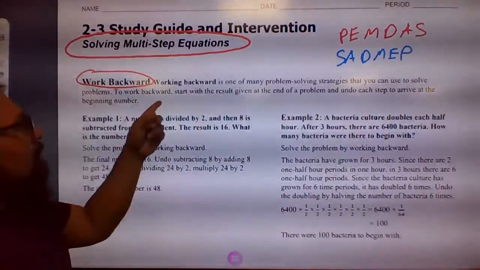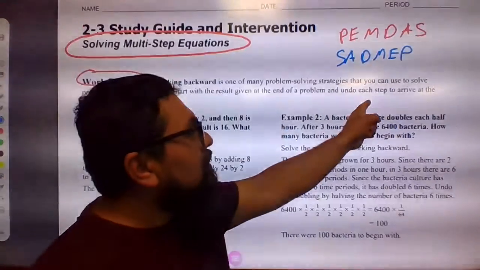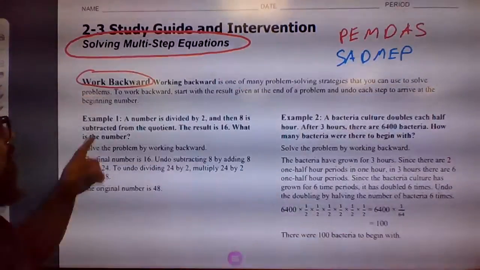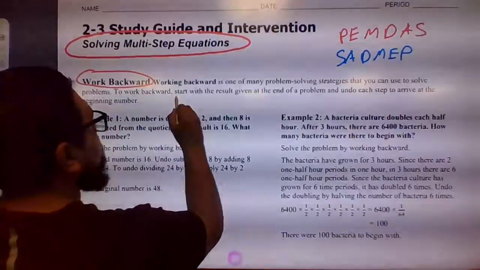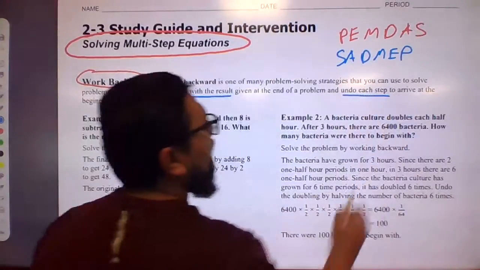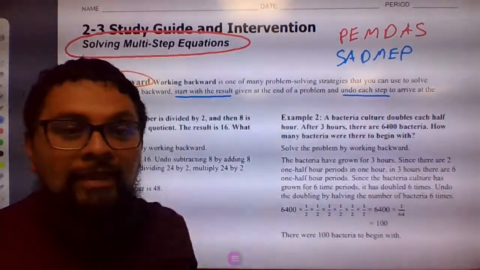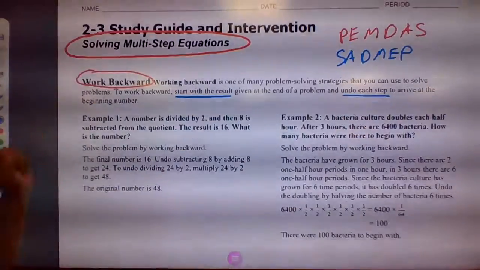To work backward, start with the result given at the end of a problem and undo each step to arrive at the beginning number. So you have to start with the result, and undo each step. There's that word again that you saw in the video before this one. Undo each step.